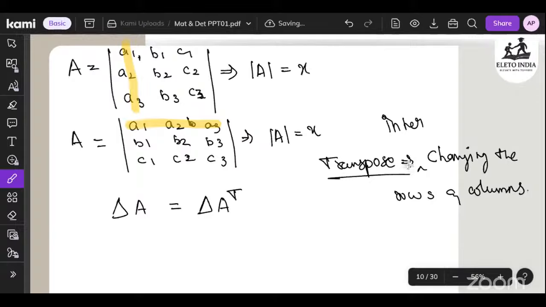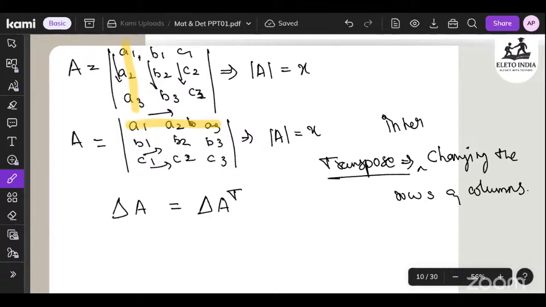This is the transpose. You are just shifting column 1 as row 1, column 2 as row 2, and column 3 as row 3.